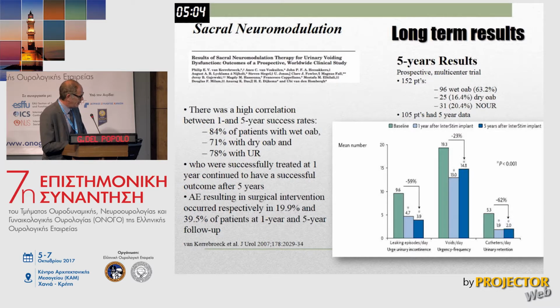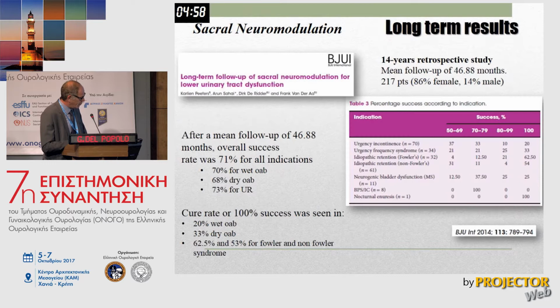And usually people who have good results at 1 year maintain results over time. We also have a longer follow-up here, about 14 years, and what we found is that there is usually a good result over time, about 62%. And in Fowler syndrome, we have better results than in women who have urinary retention but do not have Fowler syndrome.